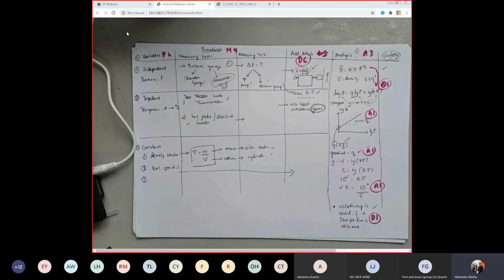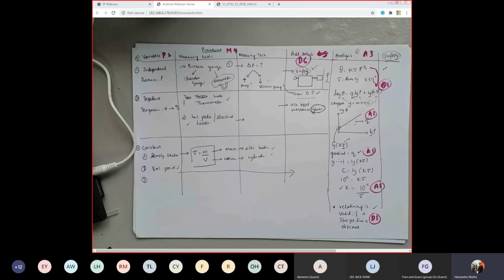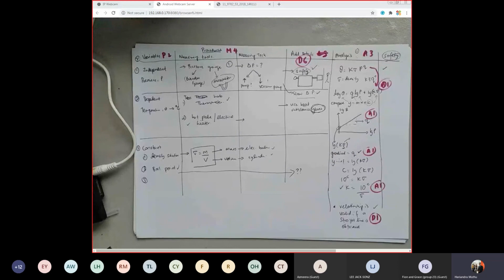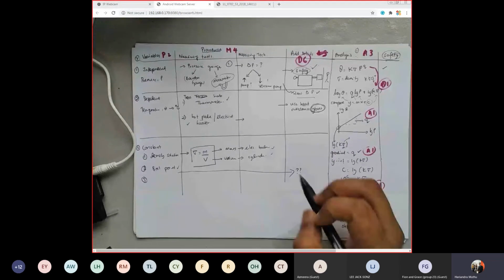Because we are going to find the temperature of the boiling point. For water, the boiling point is 100. So how do we identify the boiling point?